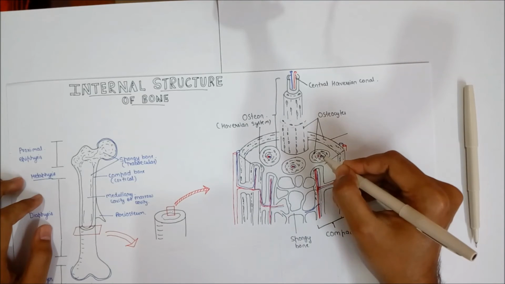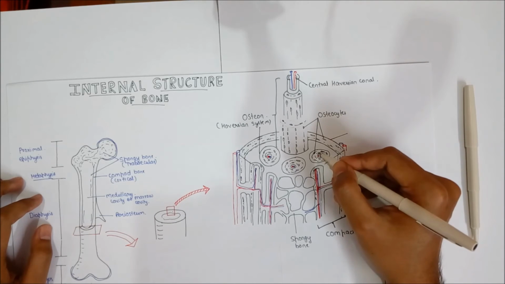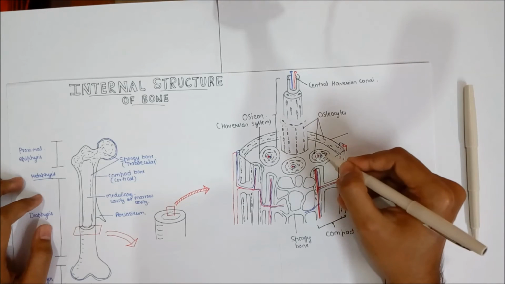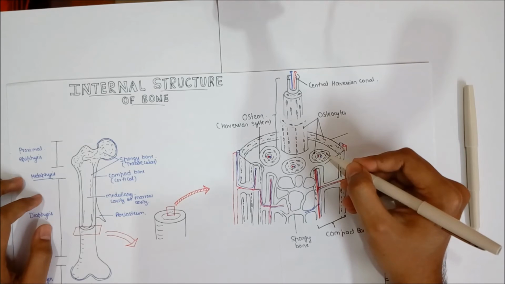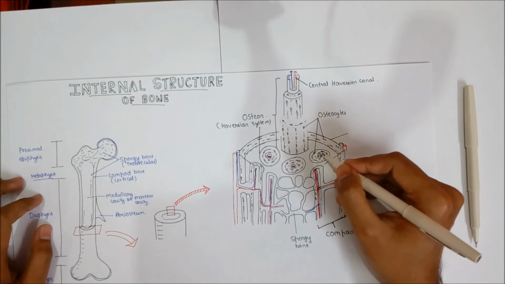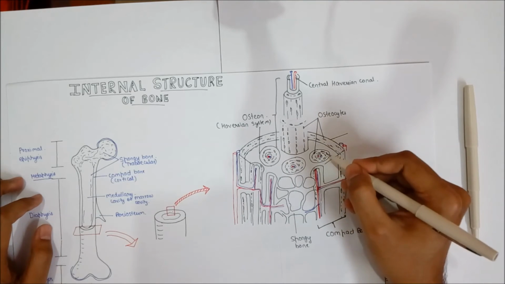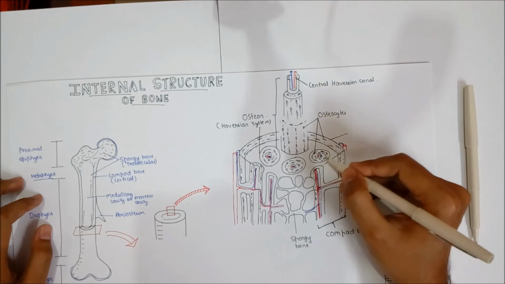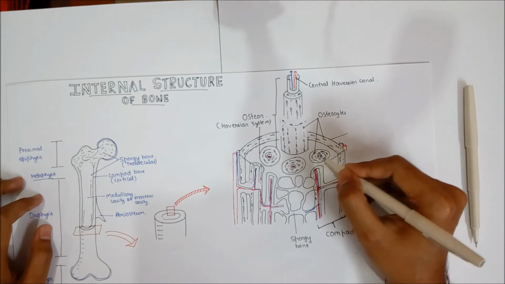Now enclosing or surrounding this central Haversian canal are the concentric lamellae. Concentric lamellae is actually the bony matrix which is arranged in a layer like structure, parallel layers.